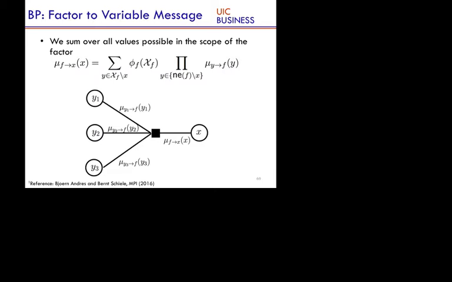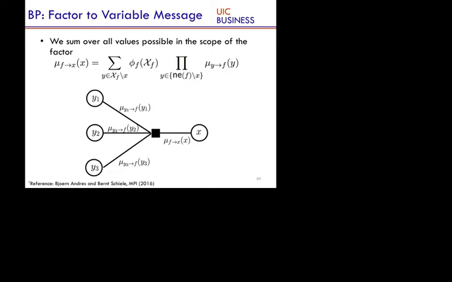To construct a message and pass it to that node, all I need to do is take the messages from the other variable nodes, not this one. So that is this product: all the messages coming in from the other variable nodes, which is always going to be the mu of those y's.